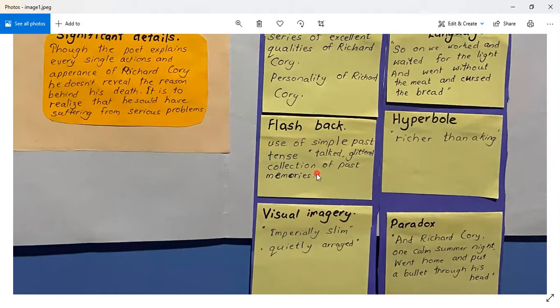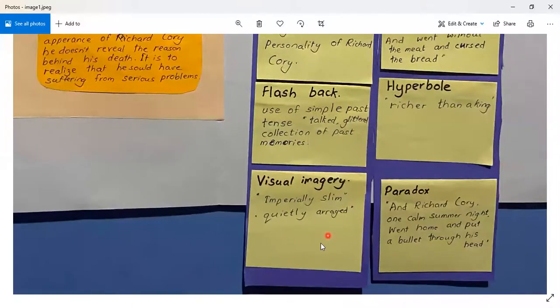So you can give some examples with lines and quotations. It is a collection of past memory. Then visual imagery. At the very beginning I told you we can get clear images of the pavement people as well as Richard Cory. If the readers can get that imagery, the poet is successful there.